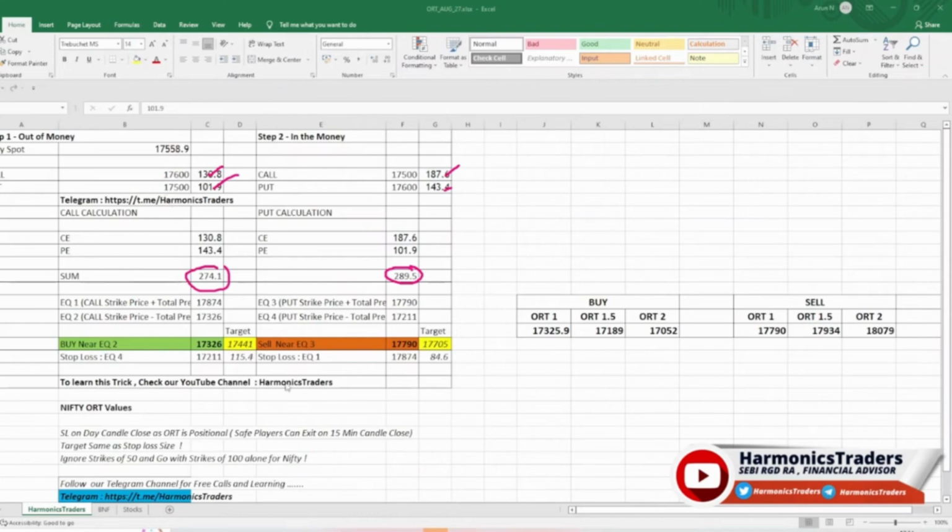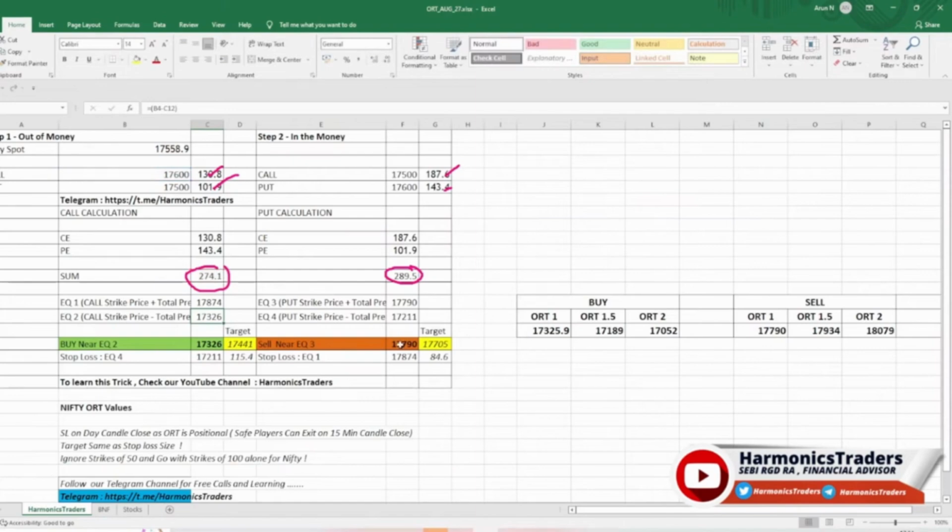This 1744 is the target. Let's go with the buy. How to derive the buy value? It is B4 minus C12. B4 is the out of the money CE, 17,600. C12 is this particular sum.